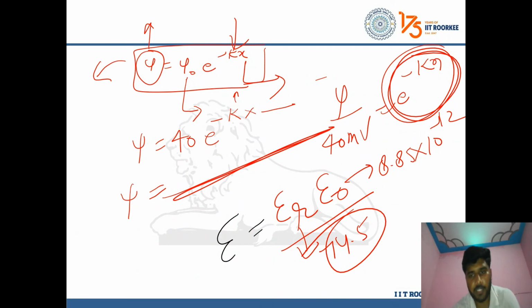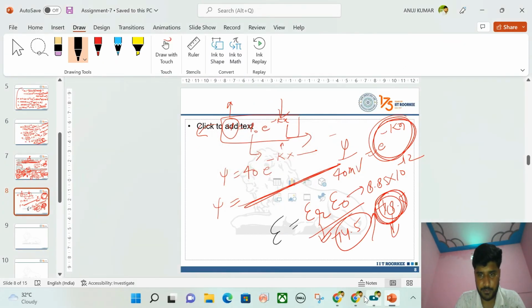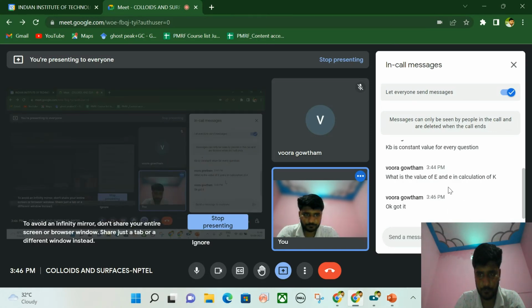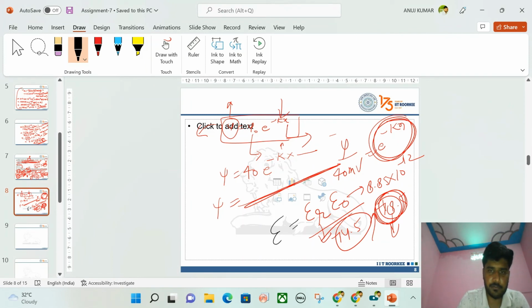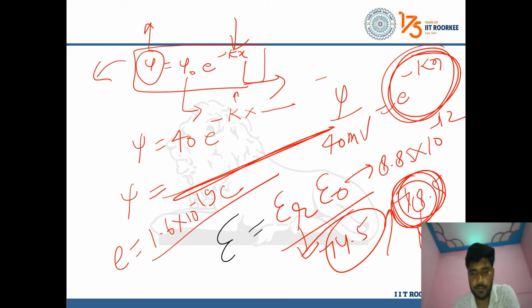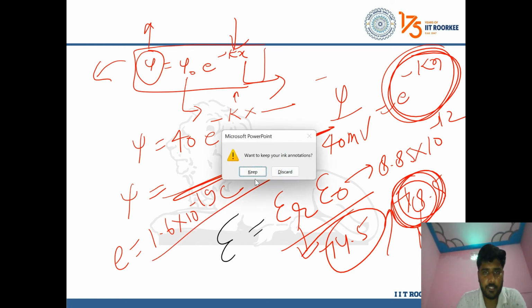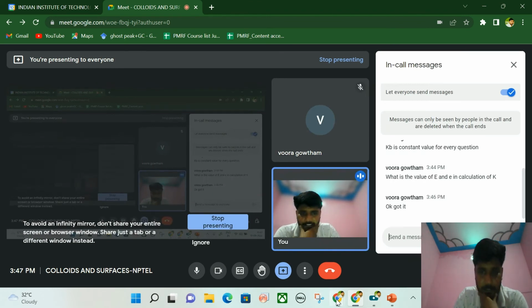You can also put 78, the standard value for water. And e is the charge on the electron, 1.6 times 10 raised to minus 19 coulomb. Gautam, if you are clear, I will move to the next question. Just type yes.